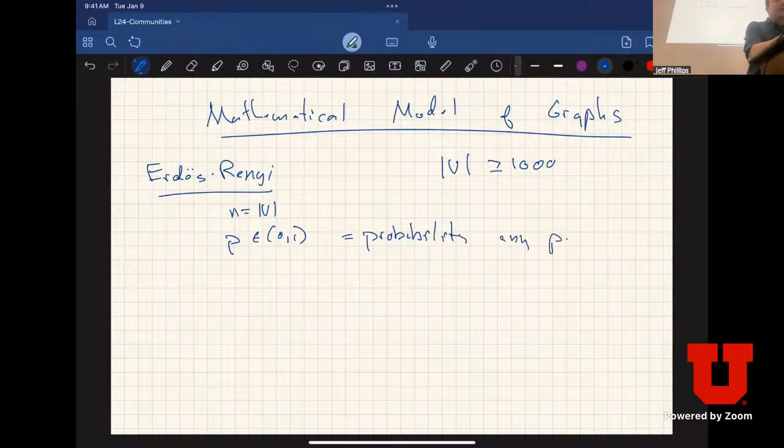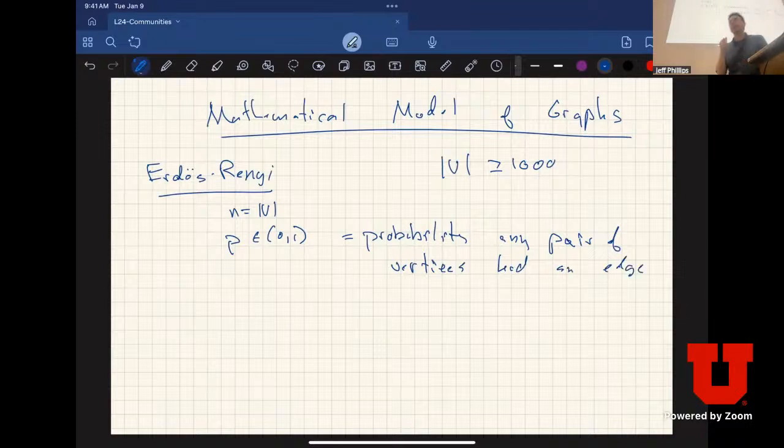that any pair of vertices had an edge. So what's the probability any pair of vertices had an edge, and what was key about this is this was independent.